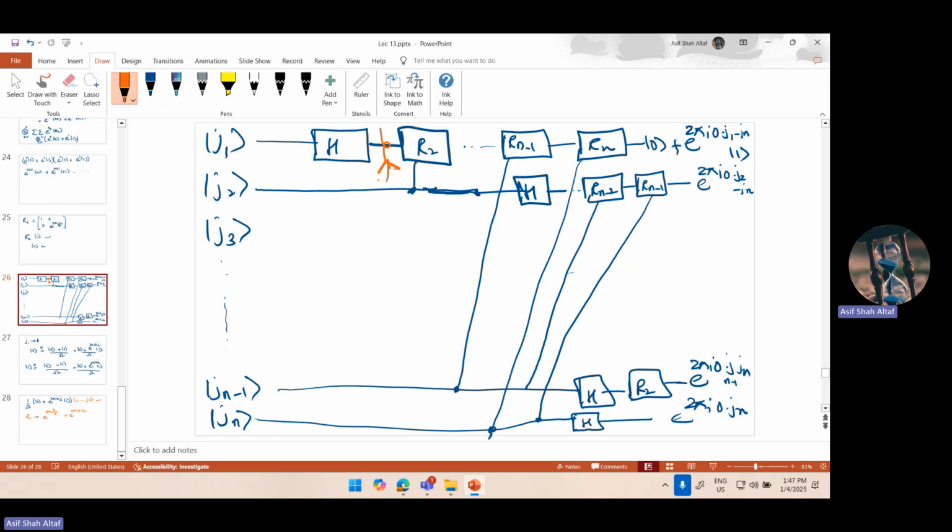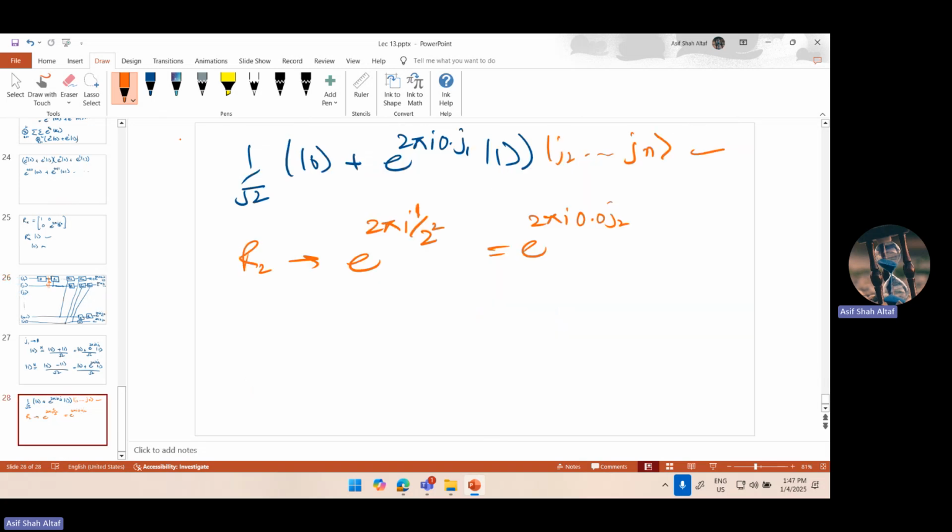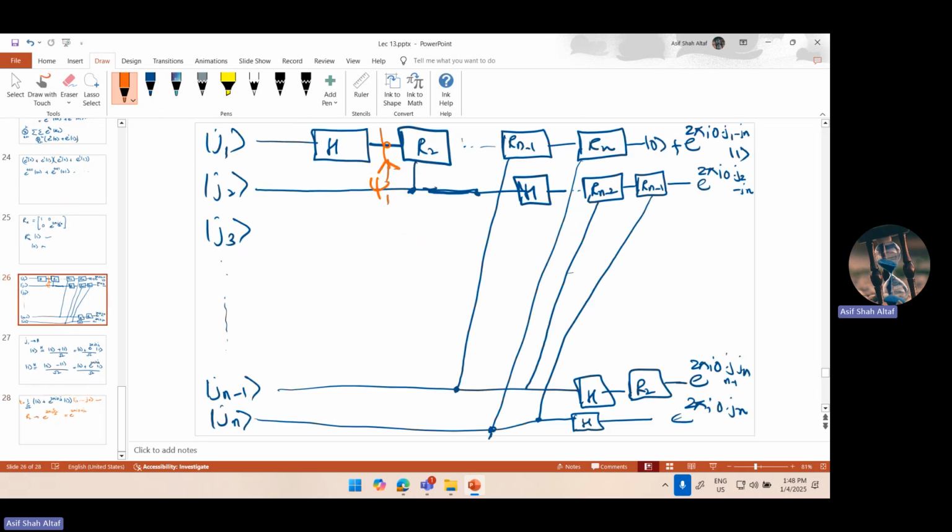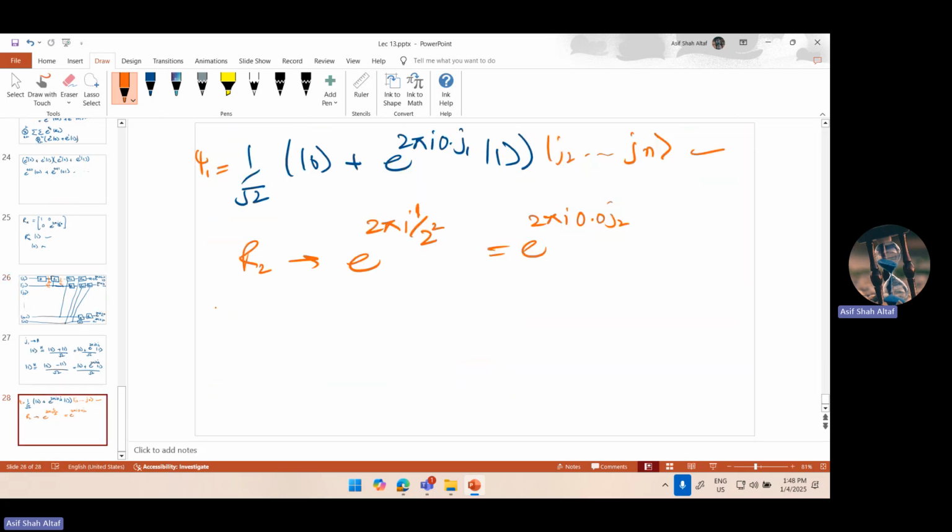when you apply this R2 gate to this qubit here, whatever is the state here, let's call this state psi1. Let's say this is psi1, and now you are passing this psi1 state through a controlled gate R2, which will not act on the 0 state, but on this state. So then let me write the output as psi2. The output at psi2 will be then 0, 2 pi i 0.j1, and the R2 gate in this case will add 0.0 j2 here, and you have this thing here.